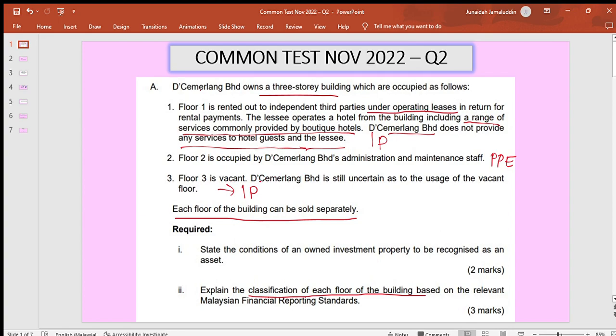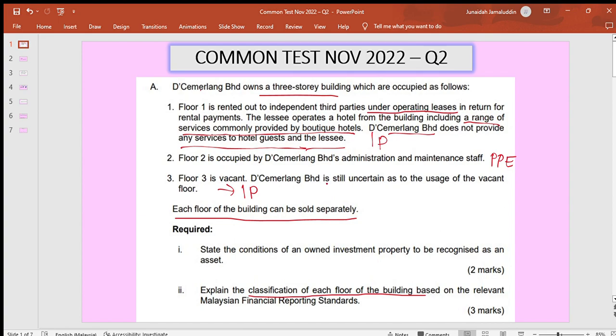If the floor is held by the owner for undetermined future use, it can be classified as an IP. So that is the answer for question number 2.